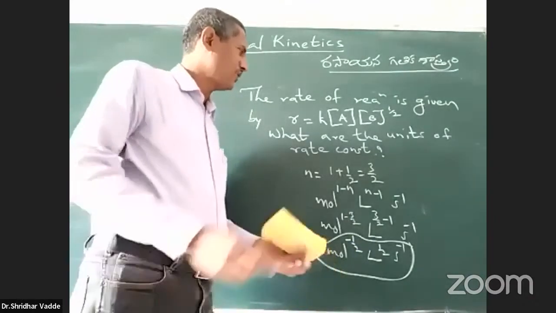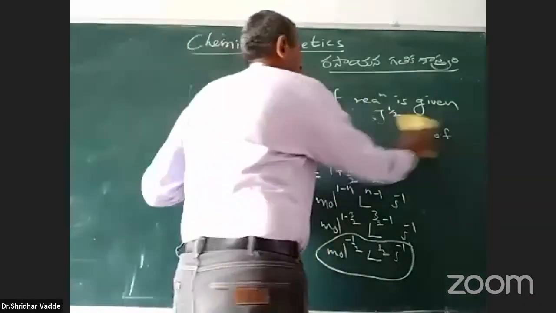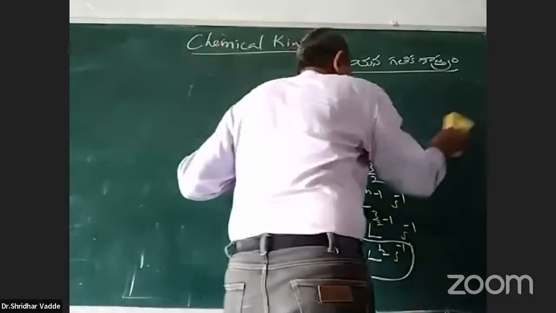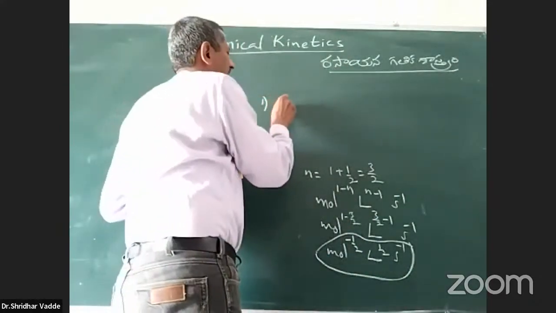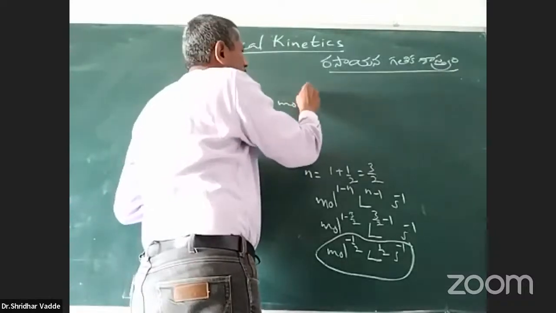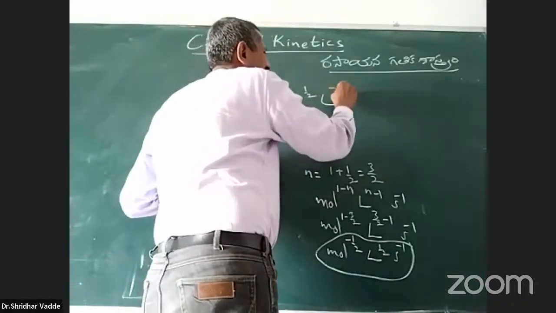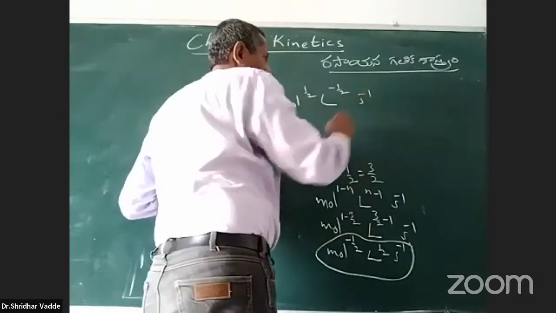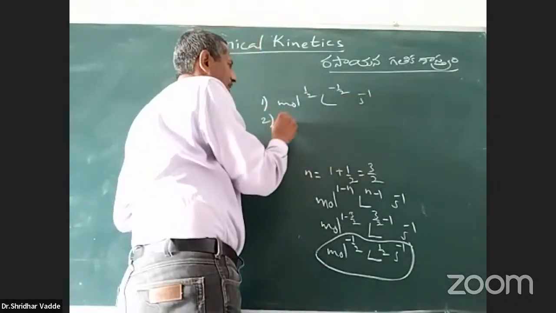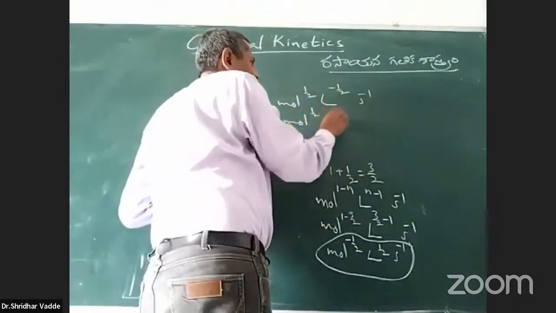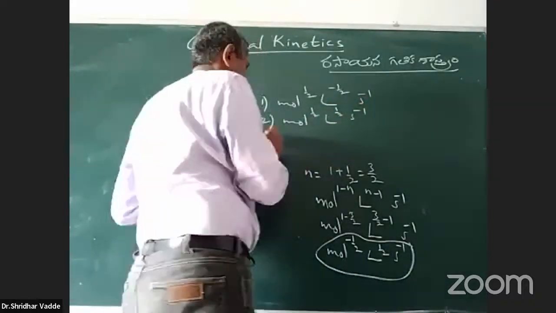So we should be very cautious. In the first option, we have mole 1 by liter of minus 1. The second option, mole 1 by 2, liter 1 by 2, second.